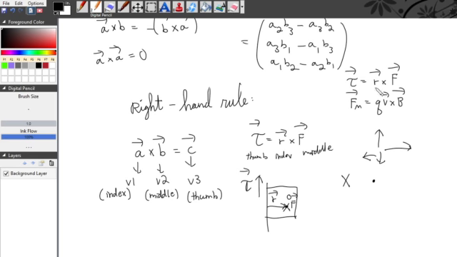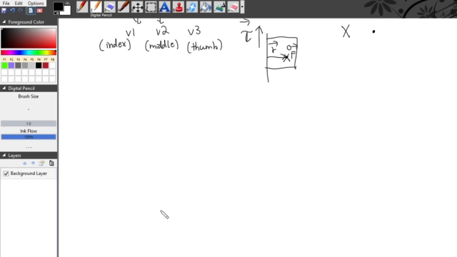Okay, and just to clarify using the cross product, let's draw our z-axis, y-axis, and x-axis. So z is k hat, y is j hat, and x is i hat. We can actually use the right hand rule to see how these three are related.